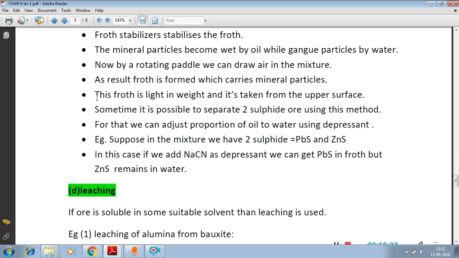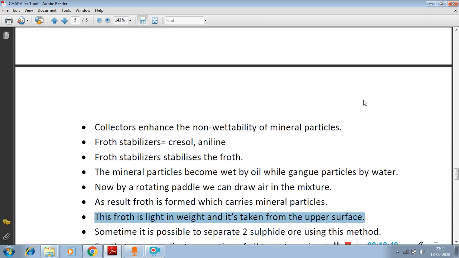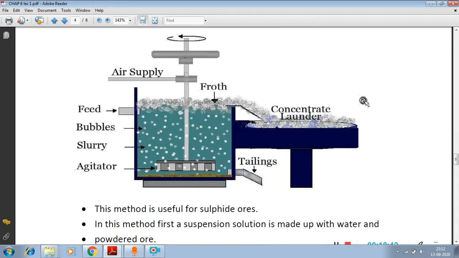This froth is light in weight and it is taken out from the upper surface. You can see here the froth is on the upper surface of the liquid. So just take it out from the upper surface and collect it in another vessel.